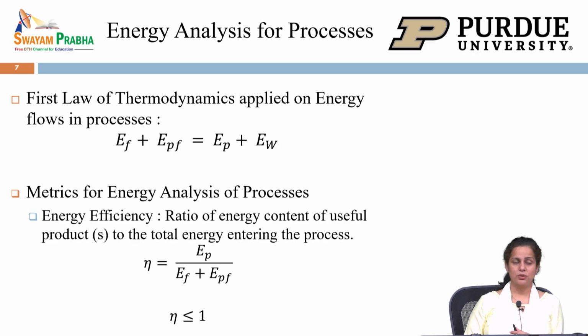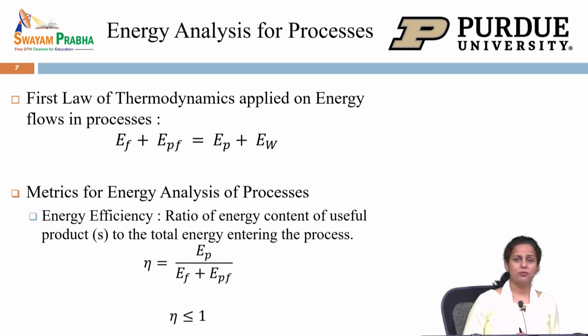Your energy input is EF, which is the feedstock, EPF, which is the processing energy for the feedstock, EP is the energy of the product, and EW is the energy of the waste. Of course, if you have dissipation energy, you can include that as well, because there might be additional dissipation which is not part of any flows, but it might just be the heat dissipation.